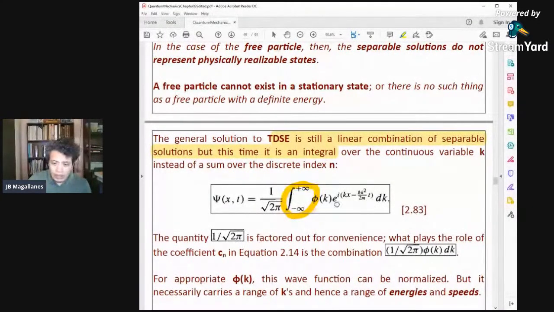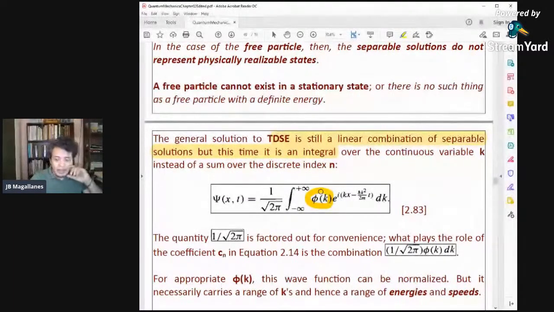In the harmonic oscillator or the infinite square well, you have discrete wave functions for associated discrete energies.